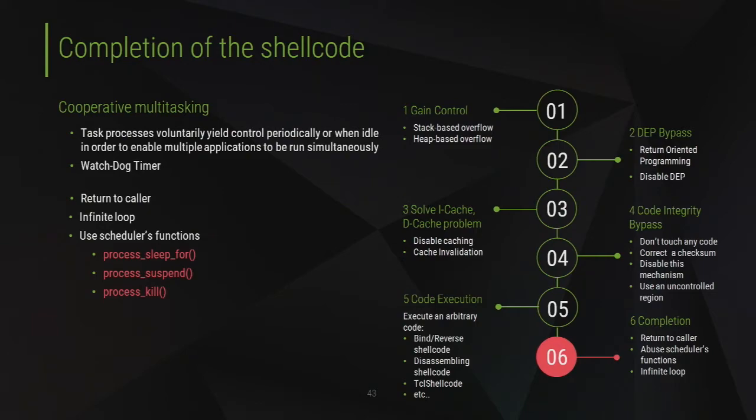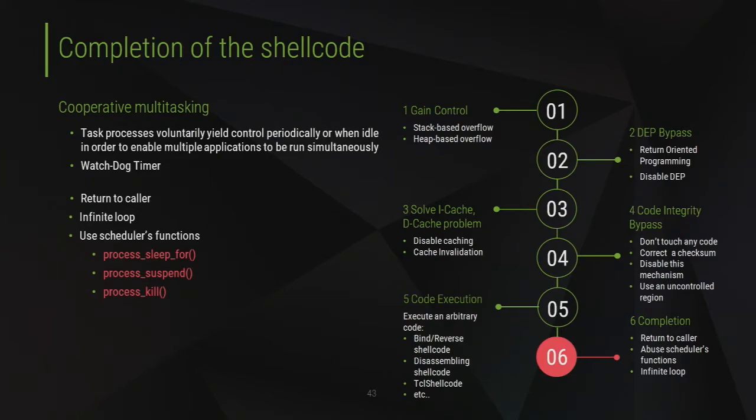In other cases, it will be more convenient for you not to return control at all, for example, running an infinite loop at the end of shellcode. But this will cause you to have to deal with a watchdog timer. As already mentioned, Cisco iOS uses cooperative multitasking in order to prevent any process from capturing all CPU time.